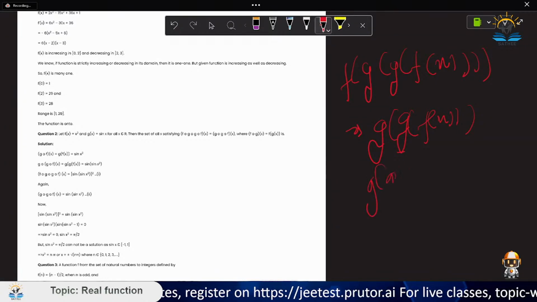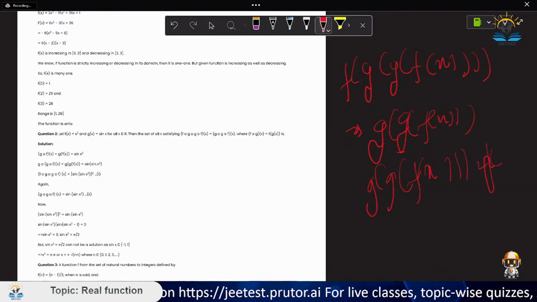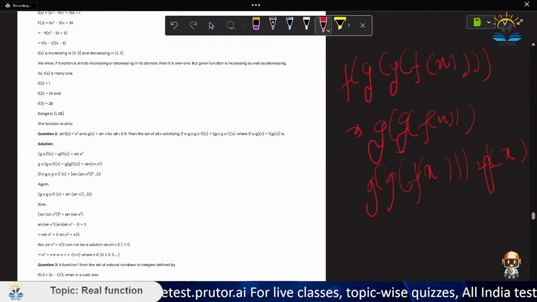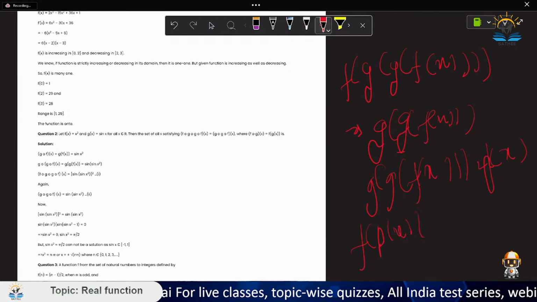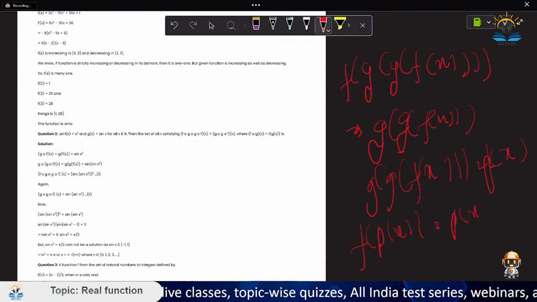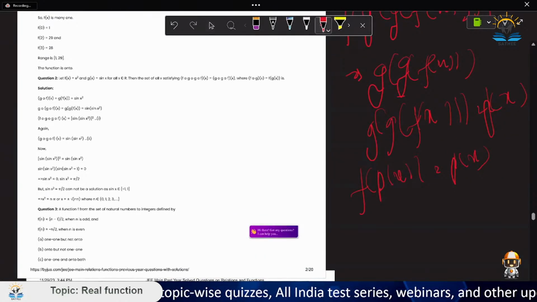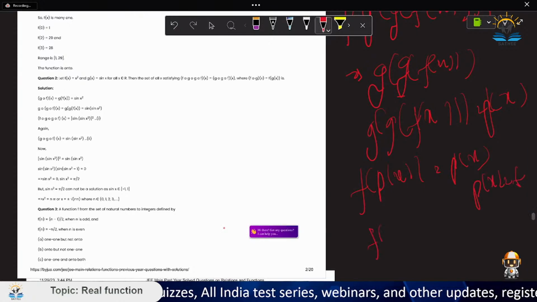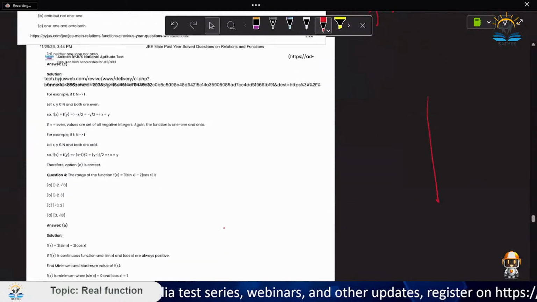So let's take g of x is equal to p of x. Why not? So what we have is f of p of x is equal to p of x. And if we take p of x is equal to t, so what we get is f of t is equal to t, which is a linear line.